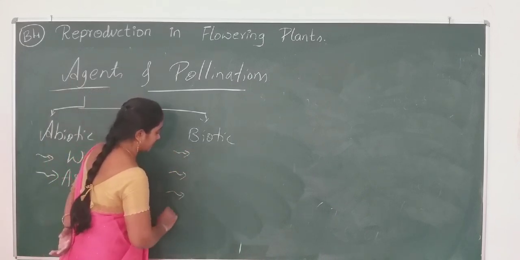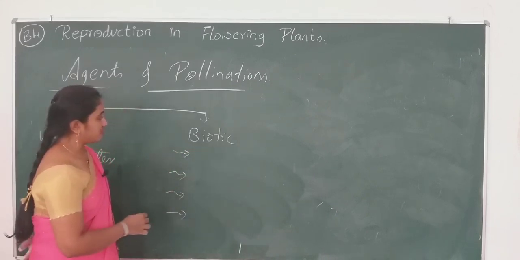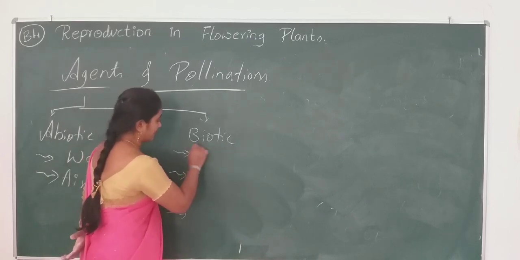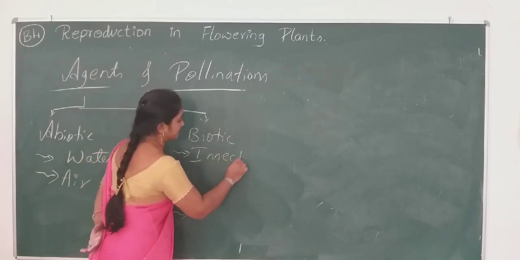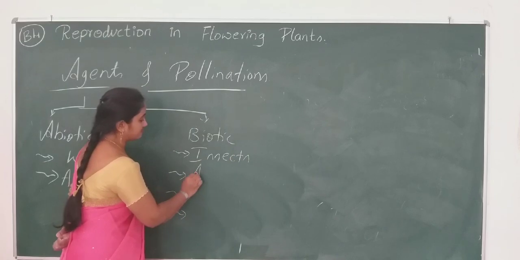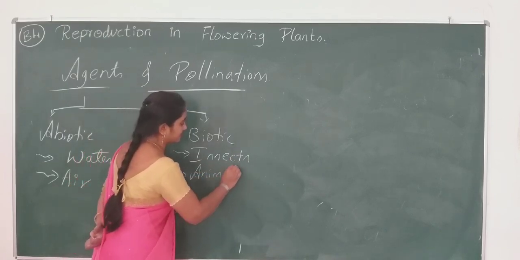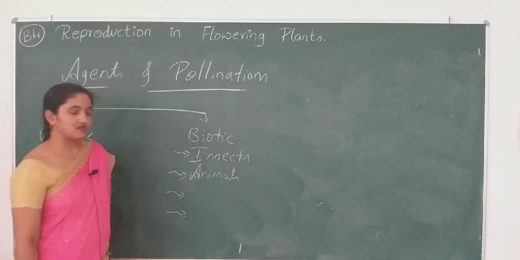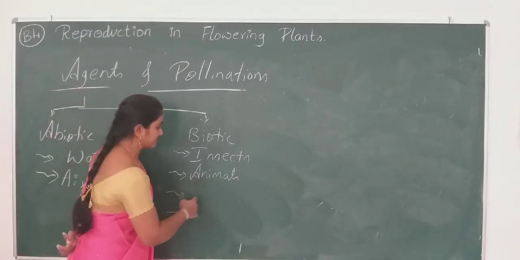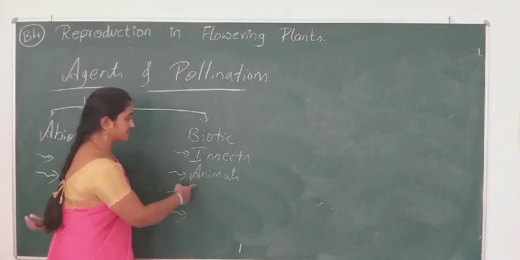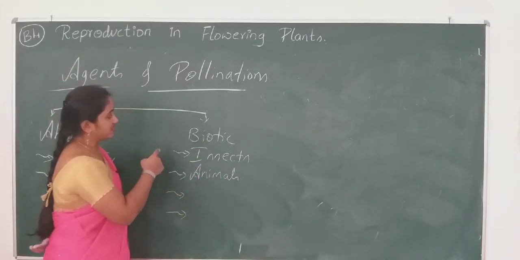And biotic agents, there are a number of biotic agents, like insects, animals, insects, squirrels, monkeys. Those animals also come under the agents of pollination.